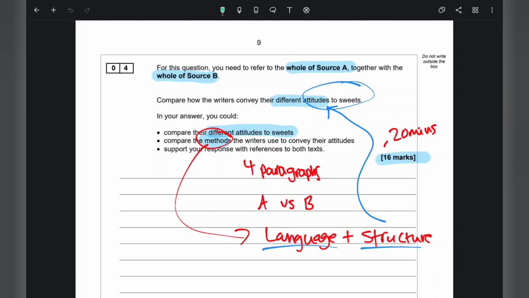So these are things you are exploring for question 4, and it's a mini essay you're writing. 16 marks is a lot, year 11, so you need to make sure you write a lot for this question. That doesn't mean you just write anything random. You need to write things that show the writer's perspectives, okay, and how they are different in source A and source B.